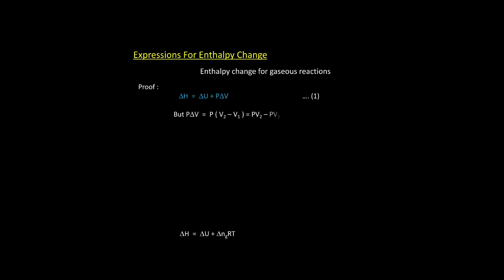Let us now see the expression for the enthalpy change for gaseous reactions. As we know, delta H is equal to delta U plus P delta V. But P delta V is equal to P into V2 minus V1, which is equal to PV2 minus PV1. Here V2 is the volume of gaseous products and V1 is the volume of gaseous reactants.